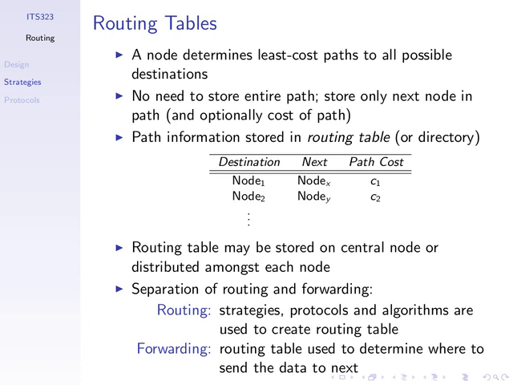So where do we store this information? We could store the routing tables on individual nodes or in a special centralized node. For example, if it's a special server in the network that could store that information, the nodes would have to access that information from that special server.